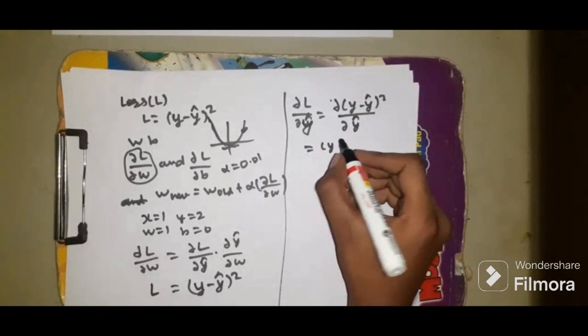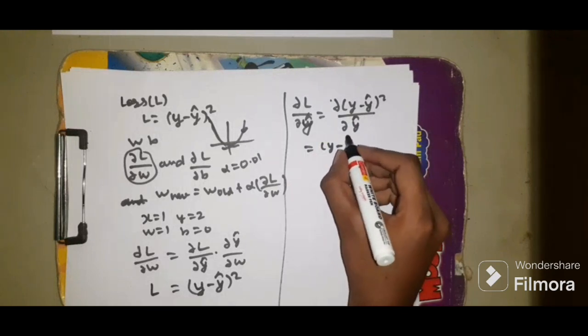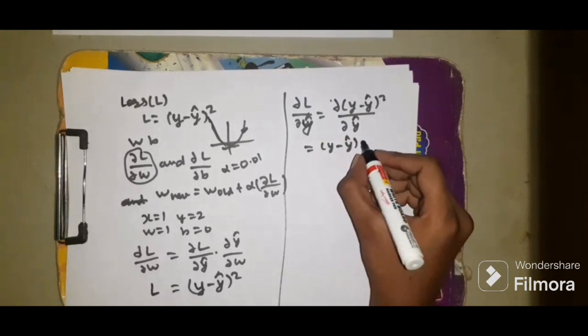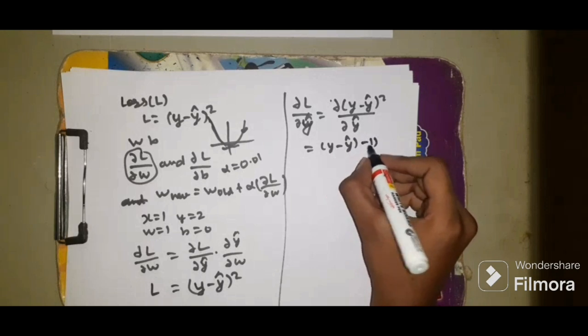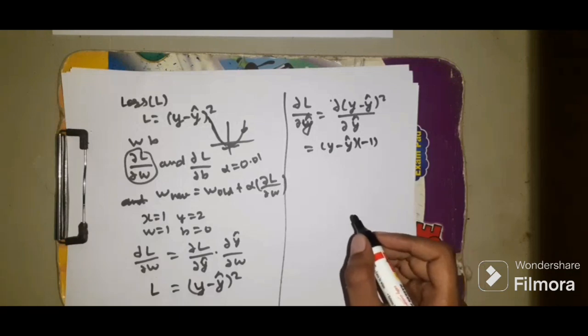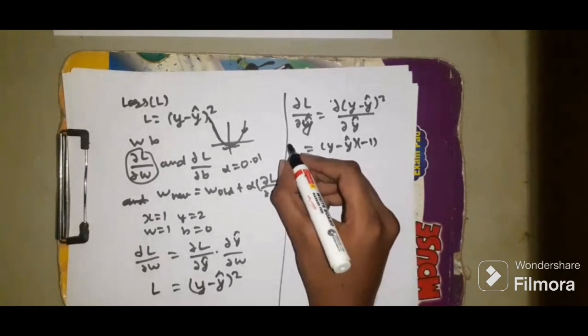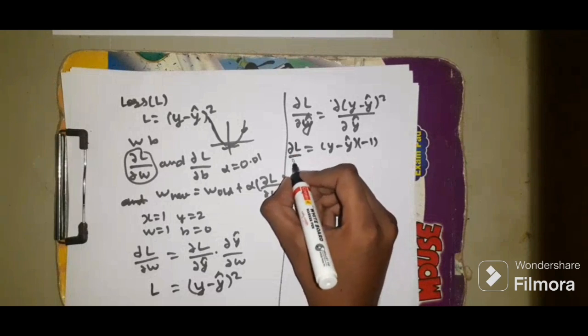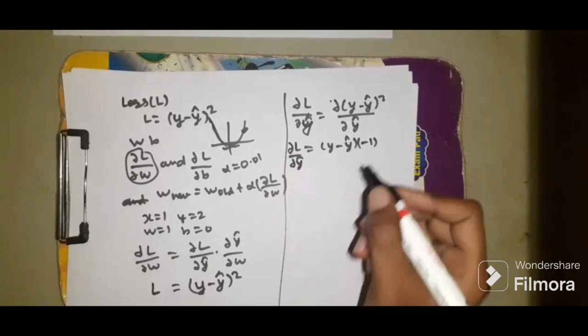The derivative will be y hat times minus 1. The del L by del y hat.